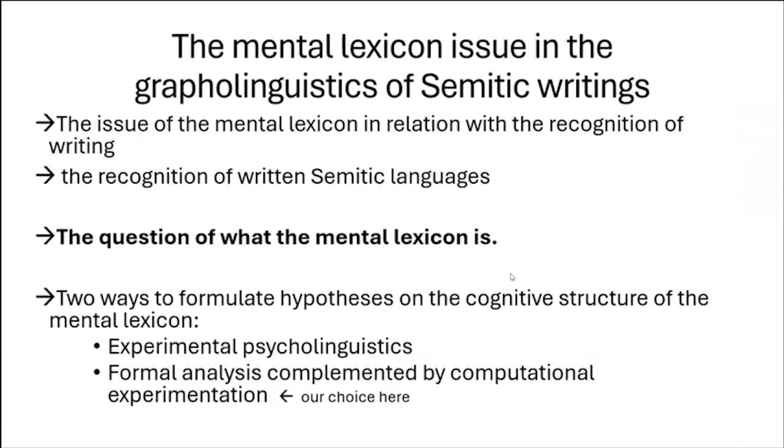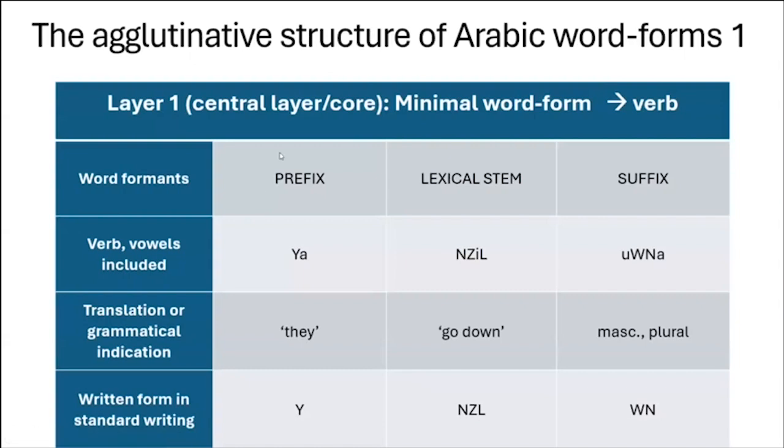To answer the question of what the mental lexicon really is, we have two ways for hypothesis on the cognitive structure of the mental lexicon. One is experimental psycholinguistics, and the other, which is what I will do now, is the formal analysis of data complemented by computational experimentation.